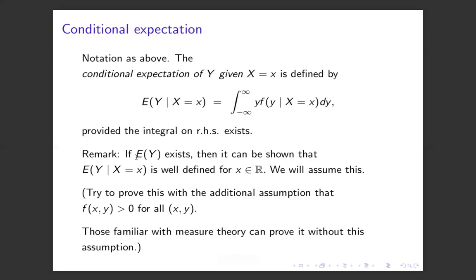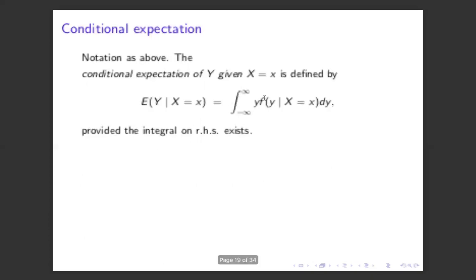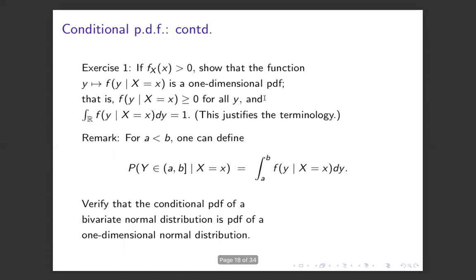If you a priori know that the random variable Y has expectation, then it can be shown that this is always well defined. In the sense, if this doesn't hold, then that would be 0 correspondingly.